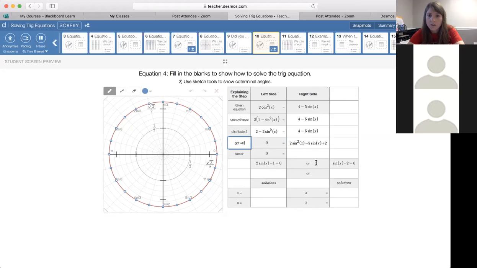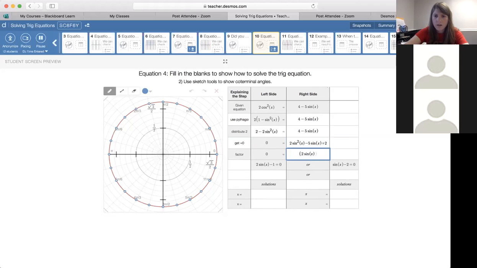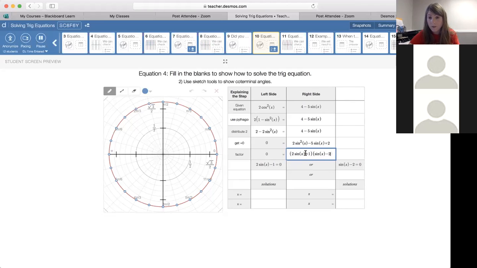And then on the next step, we want to go ahead and factor. So if it's going to factor, we're going to have 2 sine x plus 1, and then sine x minus 2. Again, on paper, put a y, kind of like we did in the video here, because this is going to give me my 2 sine squared.